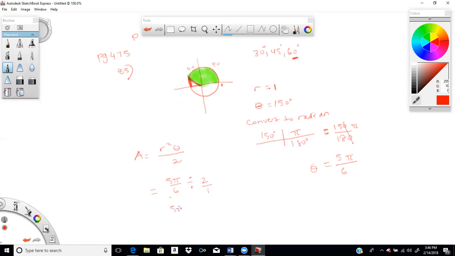When we divide fractions, you multiply by the reciprocal, and therefore you get 5 pi over 12. Now compute it with the numerical value for pi: 5 times pi divided by 12 gives approximately 1.31. It didn't say what the units are, so it's approximately 1.31, or 5 pi over 12.